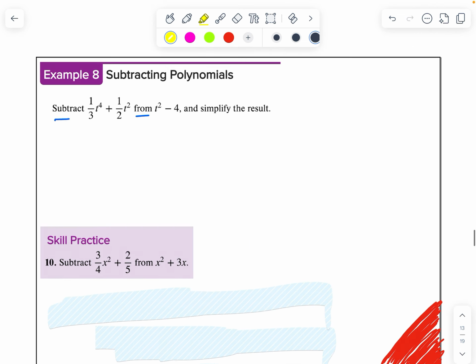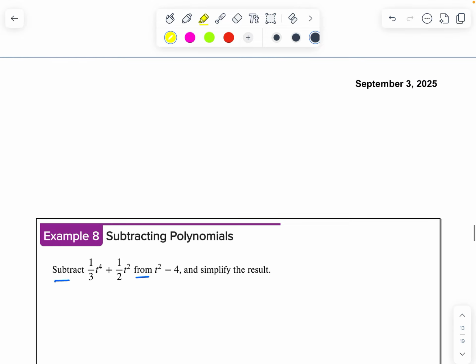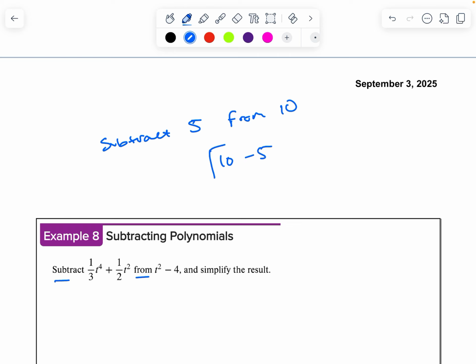All right, last slide here. The wording of this matters. Remember that subtraction is not commutative, so it matters the order that you do subtraction. If I said, for example, subtract 5 from 10, the way that you would write that is 10 minus 5. The order there flips.